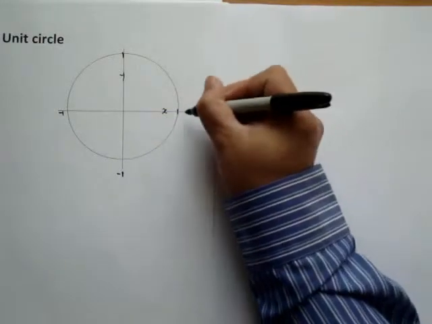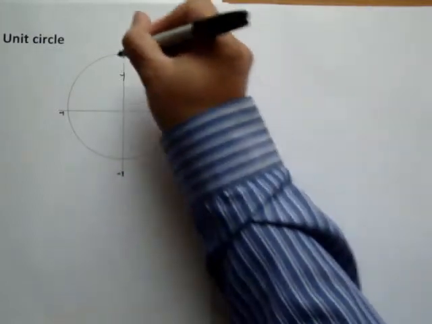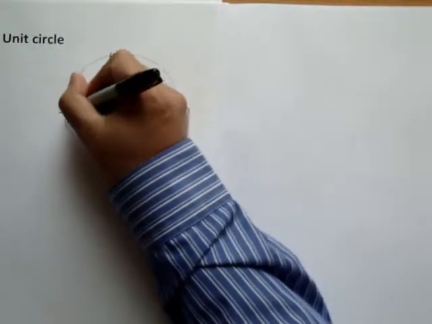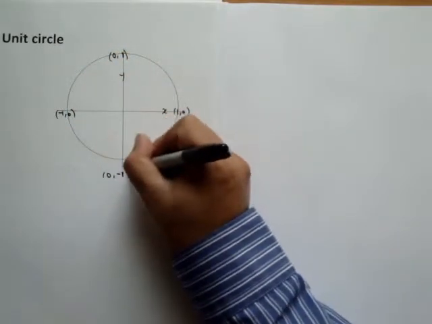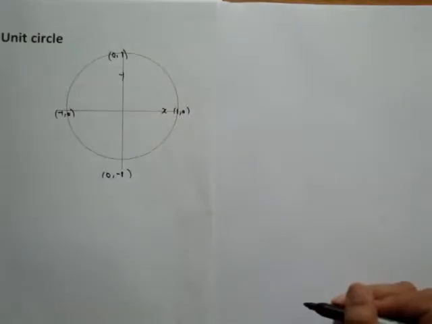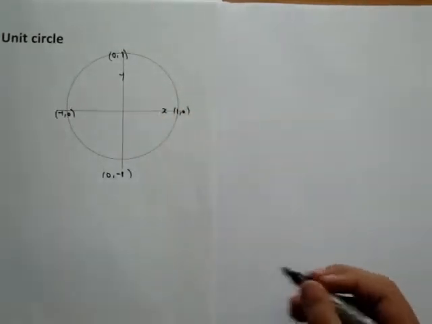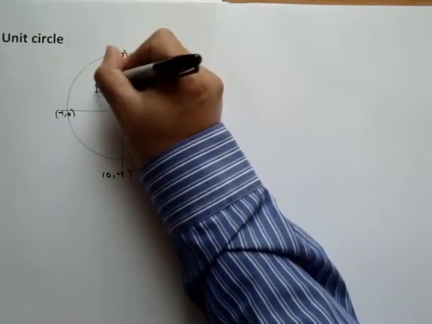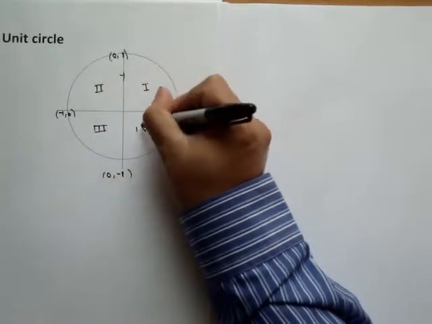So the xy coordinates here would be 1, 0, 0, 1, minus 1, 0, and 0, minus 1. And we have the unit circle which is divided into 4 quadrants. So this would be quadrant 1, quadrant 2, quadrant 3 and quadrant 4.